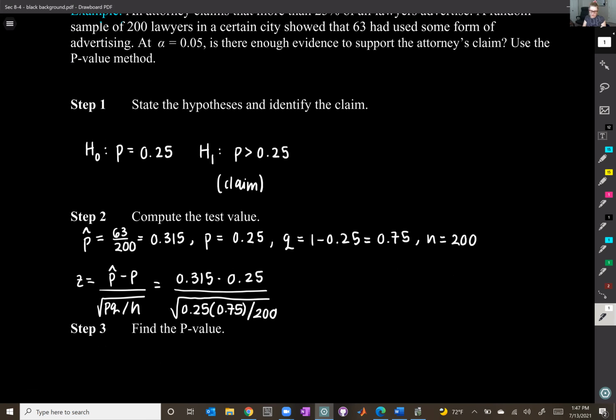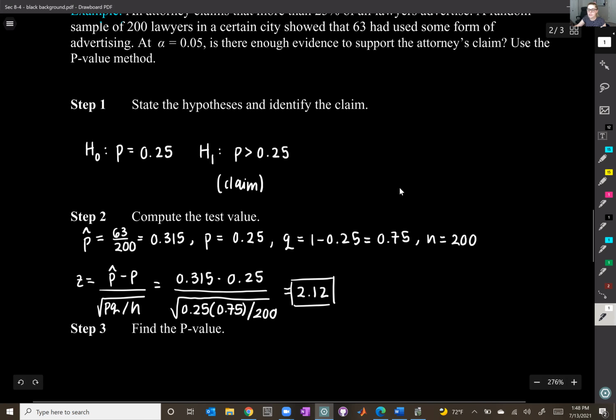All right, let me figure out what this is. Okay, and I get 2.12. So that's what I get for my test value.